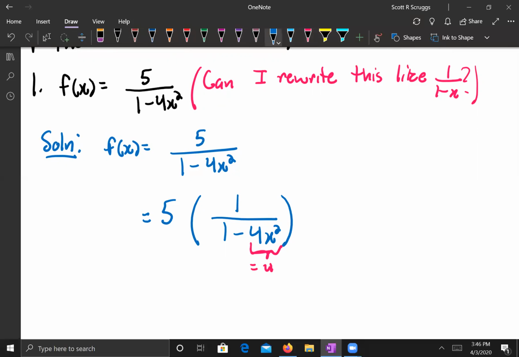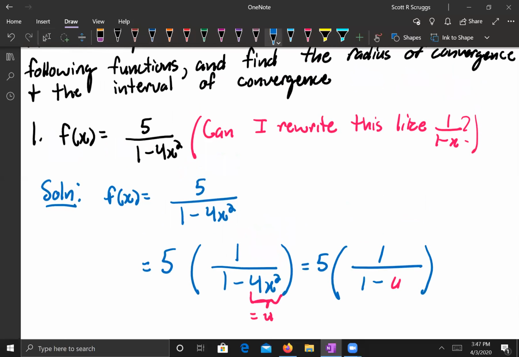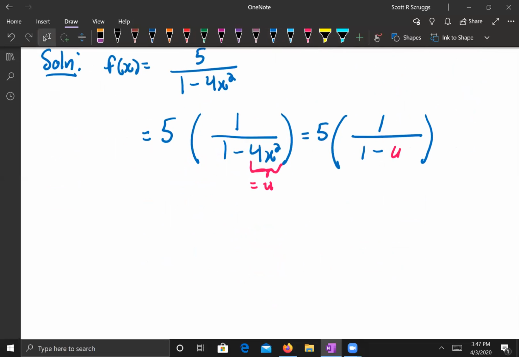So in that case, I have 5 times 1 over 1 minus, and now I substituted in u for the 4x squared. So now I have 1 over 1 minus u, which is now similar to the function 1 over 1 minus x. Because of that, I can now use my power series representation for that. And we now write the sum k goes from 0 to infinity of u to the k.